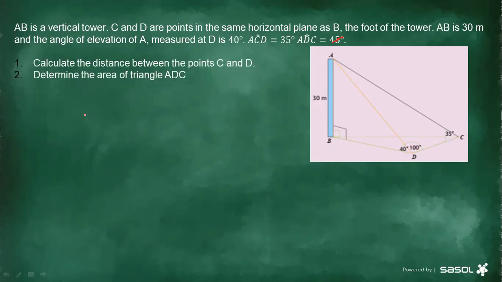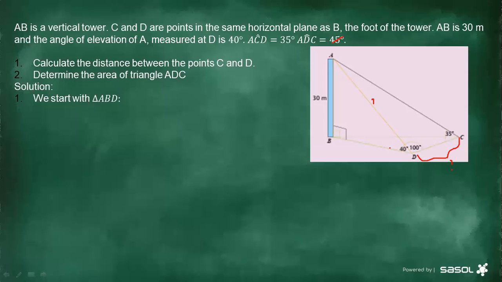Let's see the question. Calculate the distance between the points C and D. We want this distance. We start with triangle ABD so that we can calculate this side.